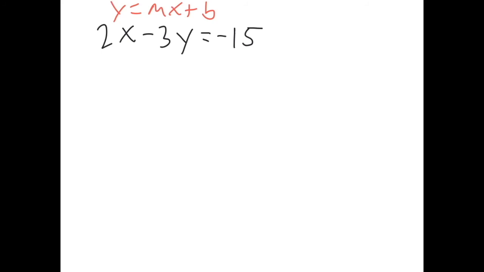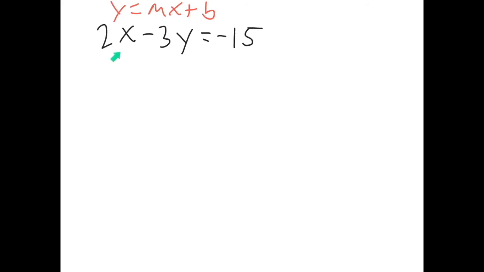First, just like any problem, we have to undo what is happening to the y, and we have to undo the addition or subtraction first. So we look over here and we've got 2x. So we need to get rid of that 2x.